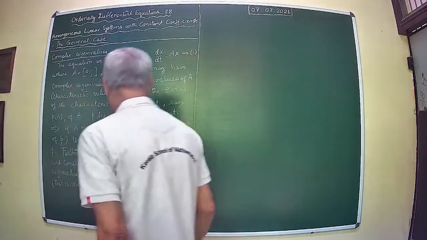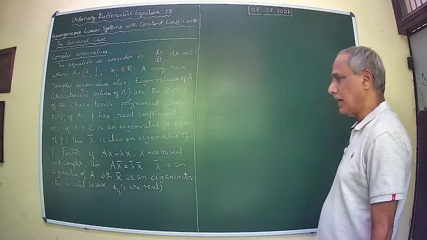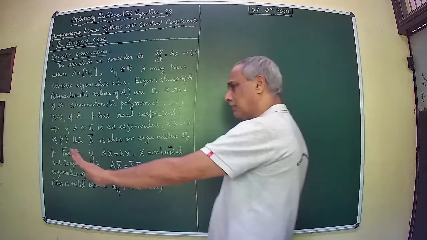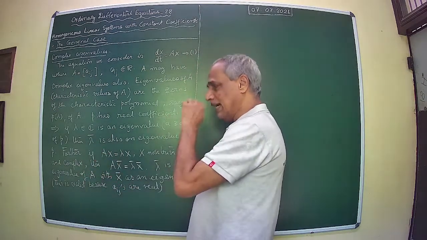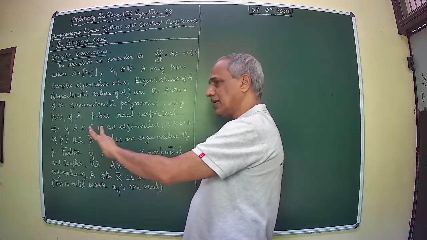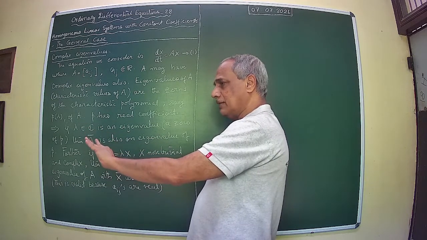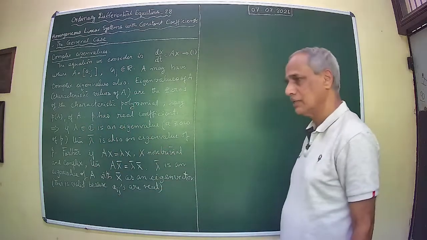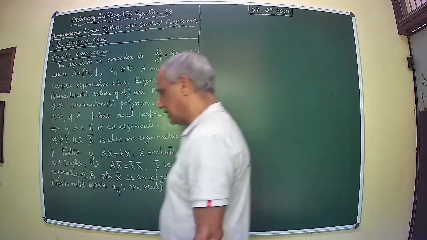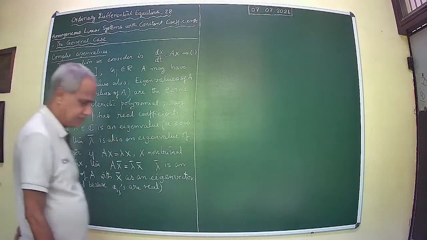That's quite easy to see. Therefore, if lambda is an eigenvalue of A, lambda bar is also an eigenvalue of A. So the complex eigenvalues of A appear in conjugate pairs. And so also the eigenvectors.